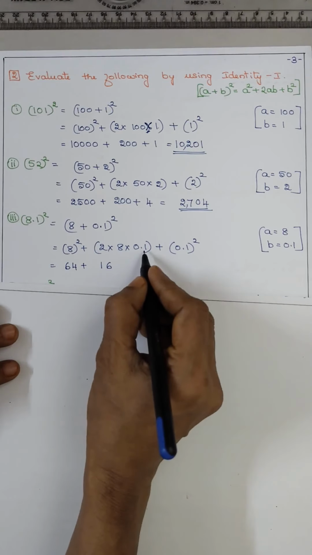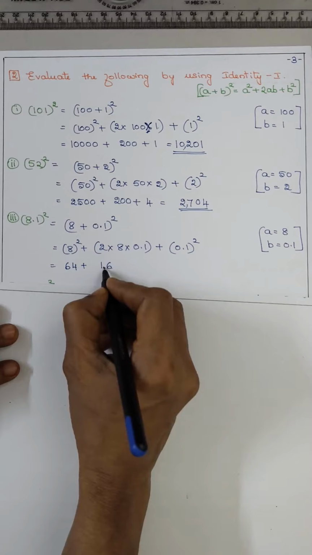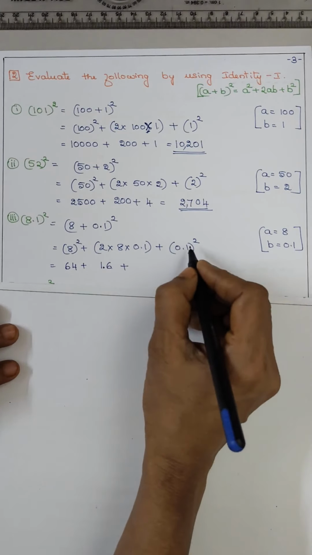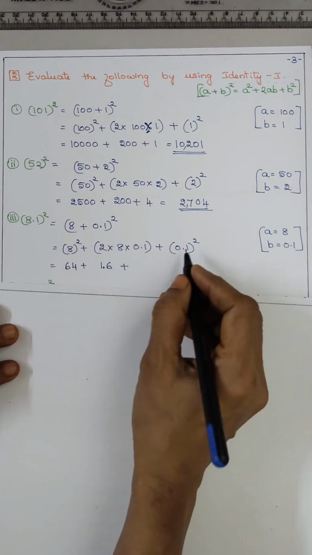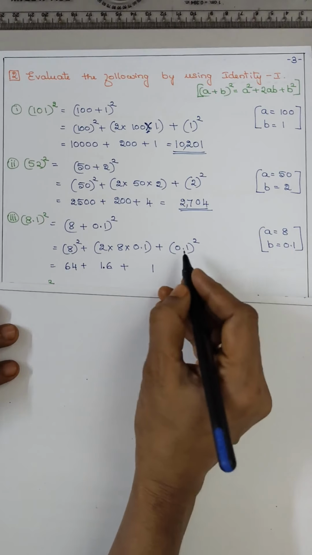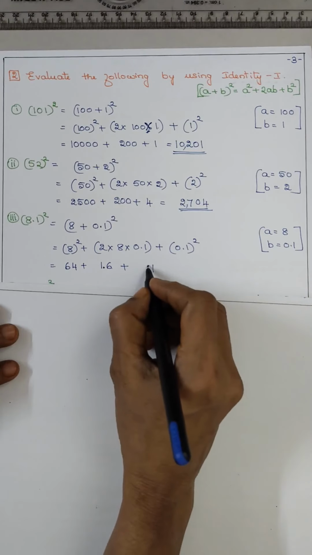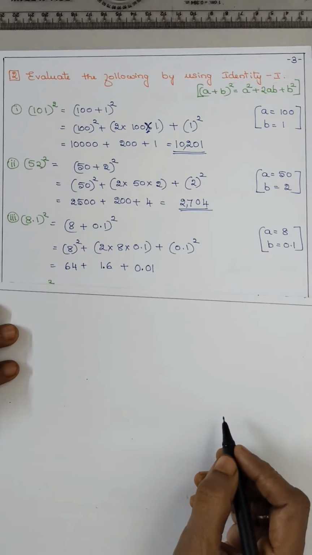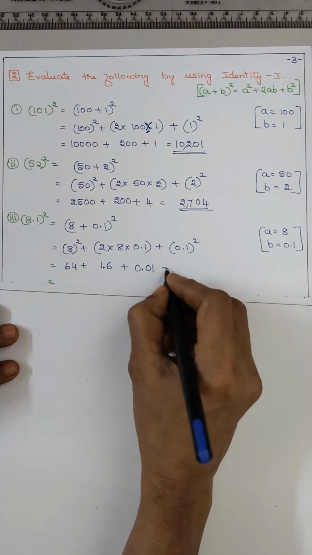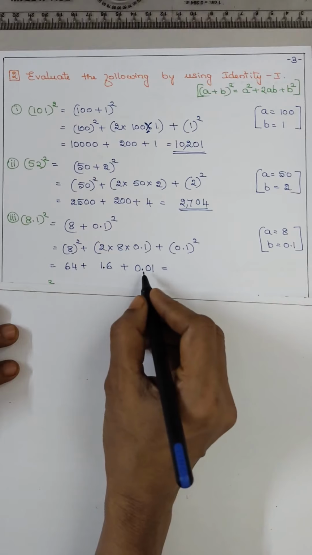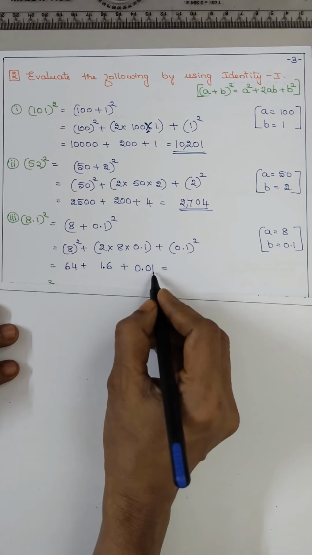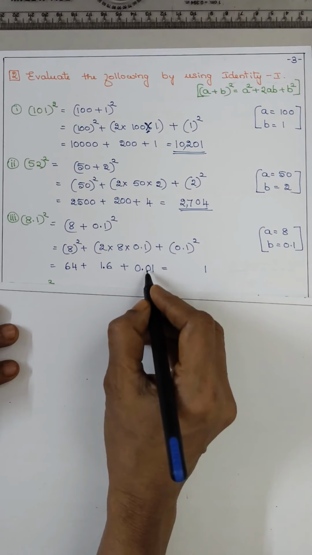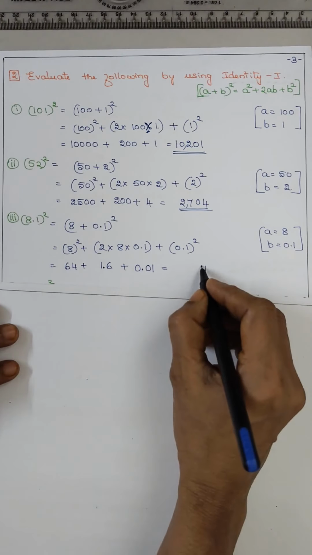But here it is 1 decimal, plus 0.1 the whole square. 1 squared is 1. 1 decimal square will be 2 decimal. So it will be 0.01. Now add in the decimal place: this is a hundredths place 1, tenths place 0 and 6.